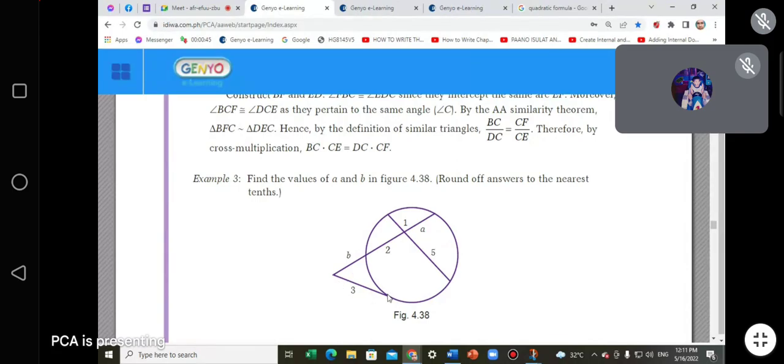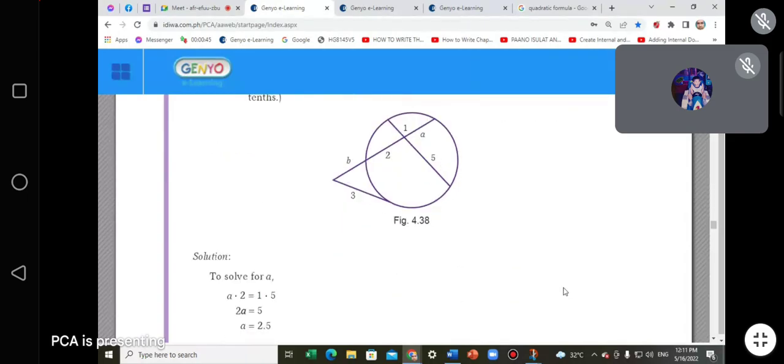Okay, let's go now there. No? What are you going to be actually using? Okay. So we'll solve for letter A. For letter A, you just have to limit yourself. Do not overthink. Okay. Sige, let's look for the value of letter A. But what do you actually want to invoke?